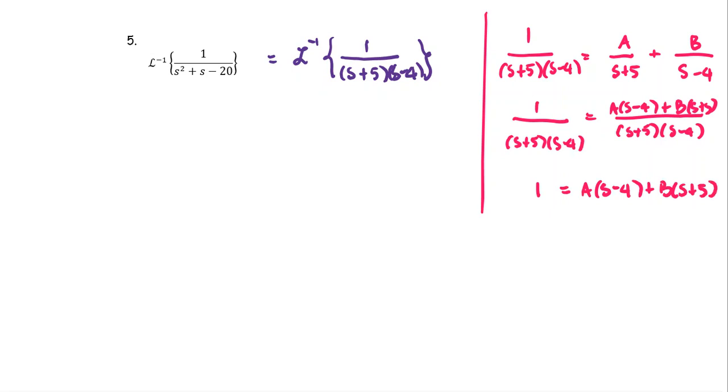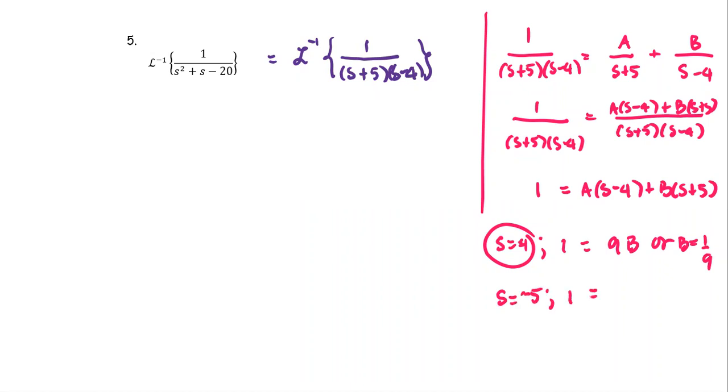To find a and b, pick a convenient number like s equals 4. If s equals 4, we have 1 equals 9 times b, or the value b is 1 over 9. For s equals negative 5, we have 1 equals negative 9 times a, or a equals negative 1 over 9.